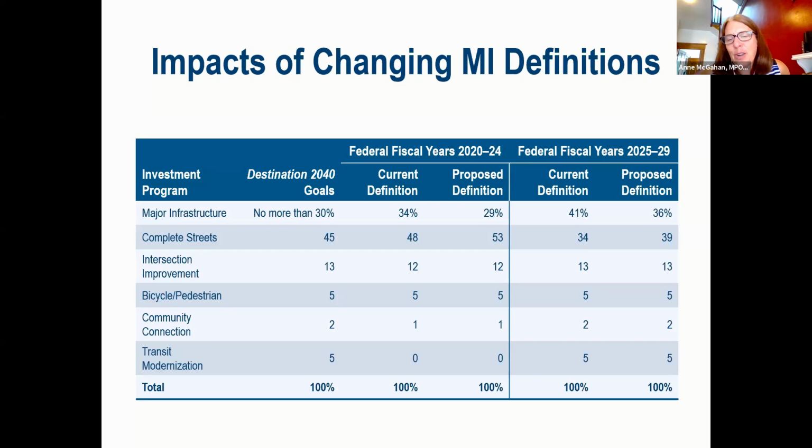It's too late to start it for the last plan, but once we get through these definitions, that will definitely be a discussion for the next plan. And I think it's really something that we do as part of the LRTP. So it would be part of the discussion. The first thing is to get this major infrastructure definition, and then we know exactly what projects we're really considering.